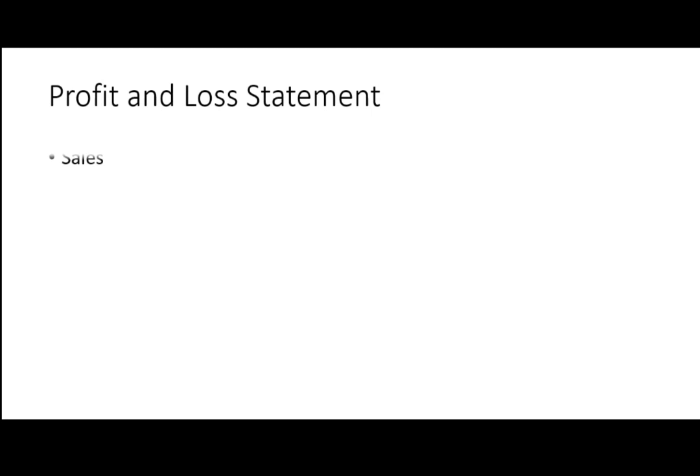So profit and loss statement. So sales, what you have of a profit and loss statement are the sales of the company or business minus the cost of sales. Now the cost of sales is a direct expense that relates to selling or creating a sale.